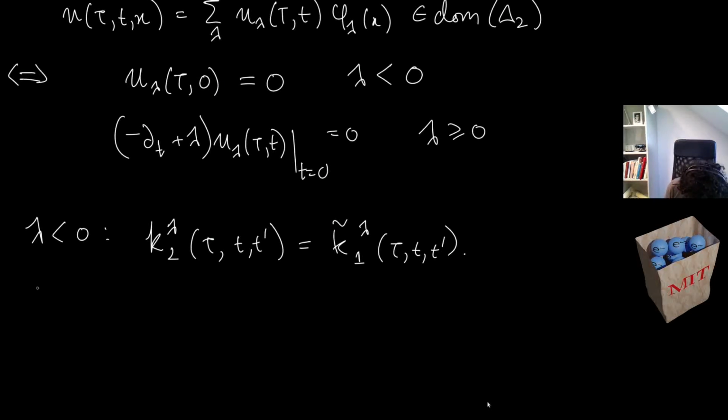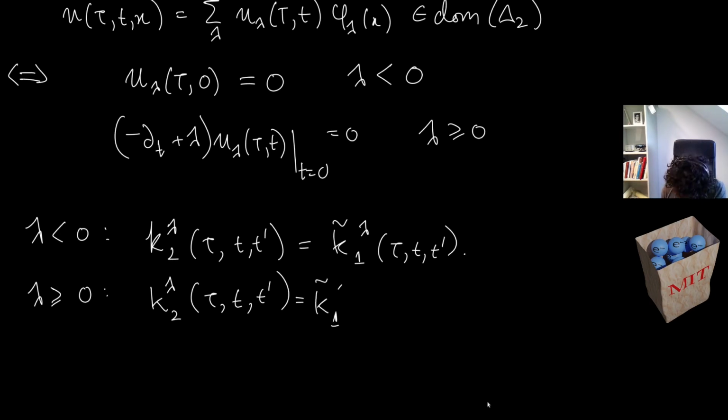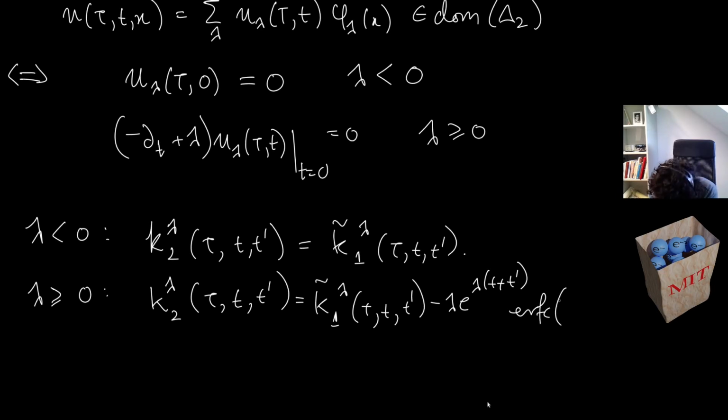Okay, and for the positive eigenspaces, what we have is k lambda 2 of tau t prime is equal to k1 tilde lambda of t tau t prime minus lambda e to the lambda t plus t prime times the same error function of t plus t prime on 2 square root tau plus lambda, plus, move to the next line.